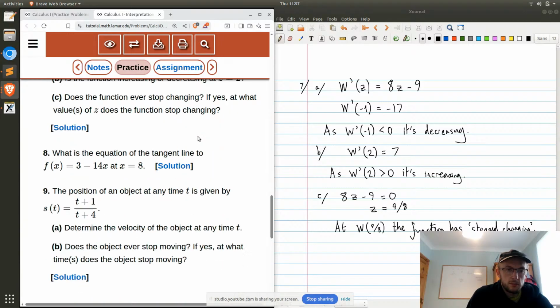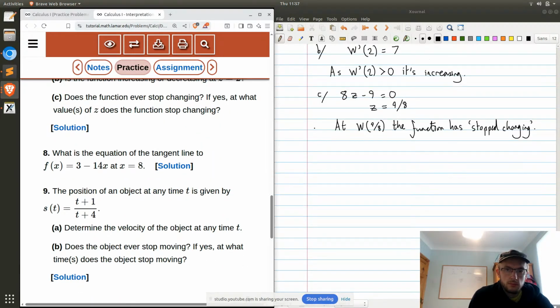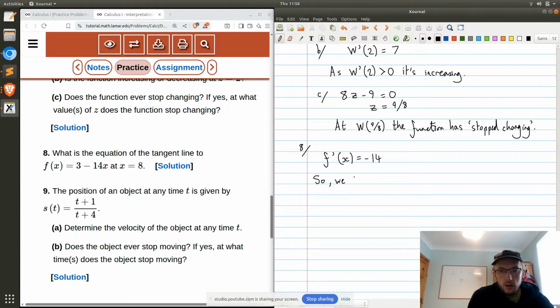Good. Now, what is the equation of the tangent line to this function at x equals 8? So we find f prime of x, and we get that it's -14. So we know for the tangent line, m is -14.